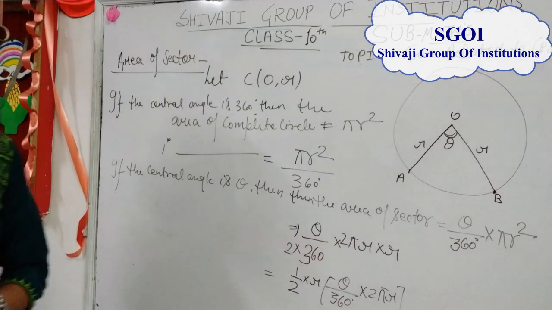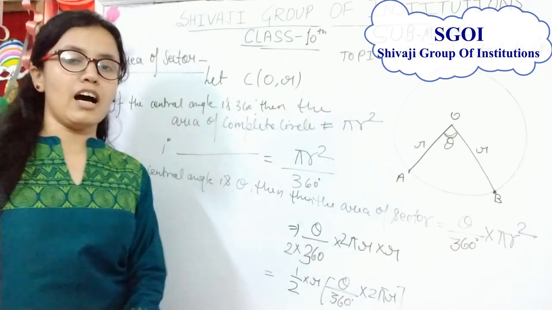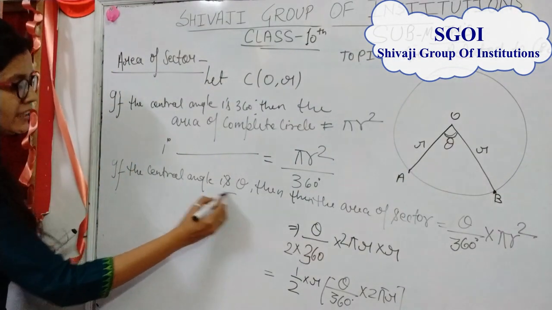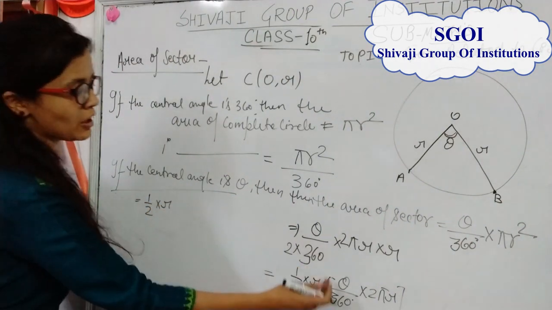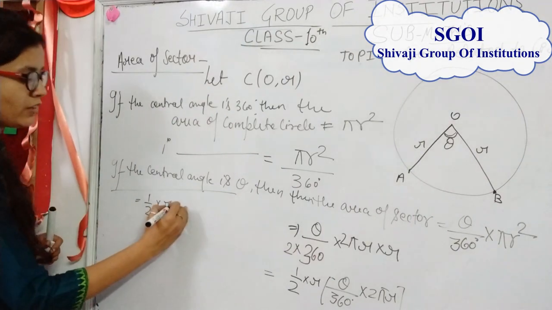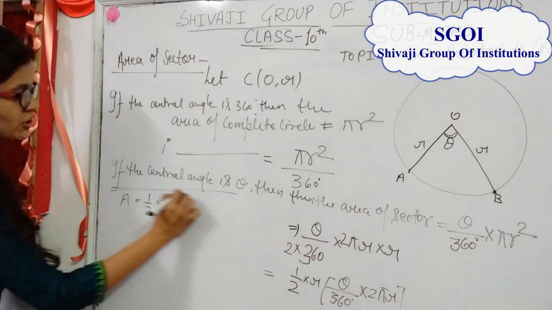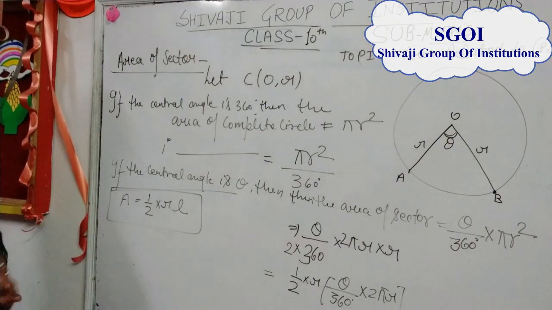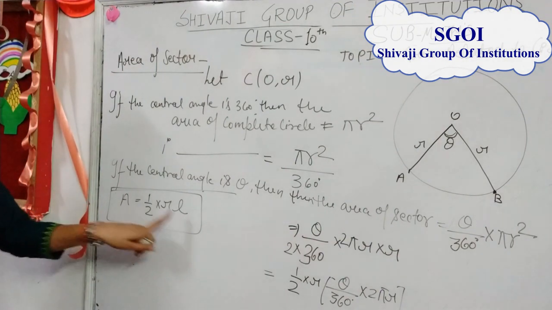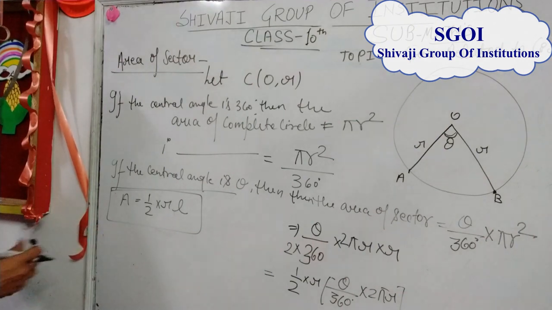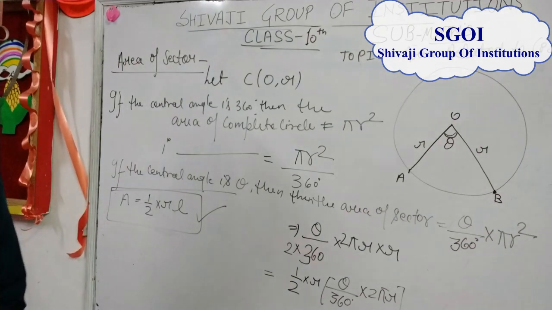As we know, theta upon 360 into 2 pi r is the length of an arc. So we put the value L, where L is the length of the arc. Then this is the relation between the area of the sector and the length of the arc. If the length of the arc is given, we can find the area of the sector with the help of this formula: A is equal to 1 by 2 r into L.